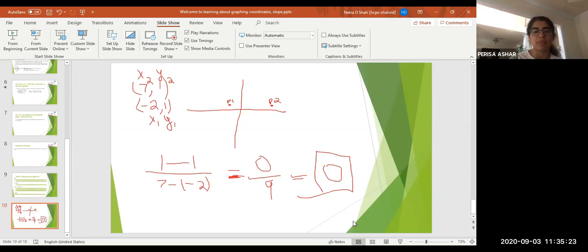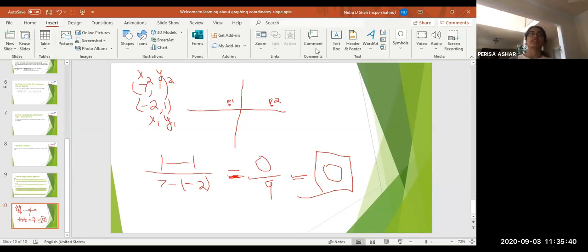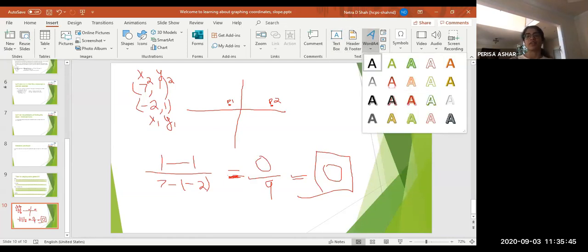Then it would be 7 minus 7 equals 0. So whenever the denominator equals 0, the answer is undefined. But when the numerator equals 0, the answer will be 0, because 0 divided by a certain number is 0. But when 0 is in the denominator, it's undefined.